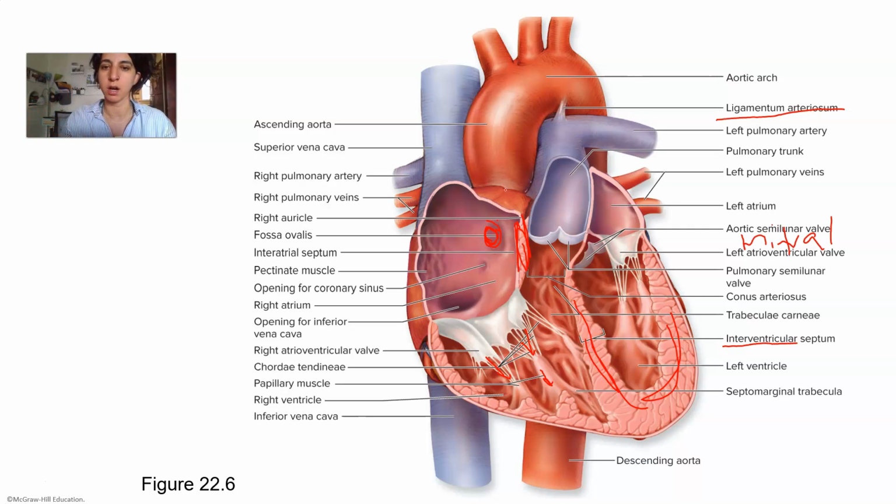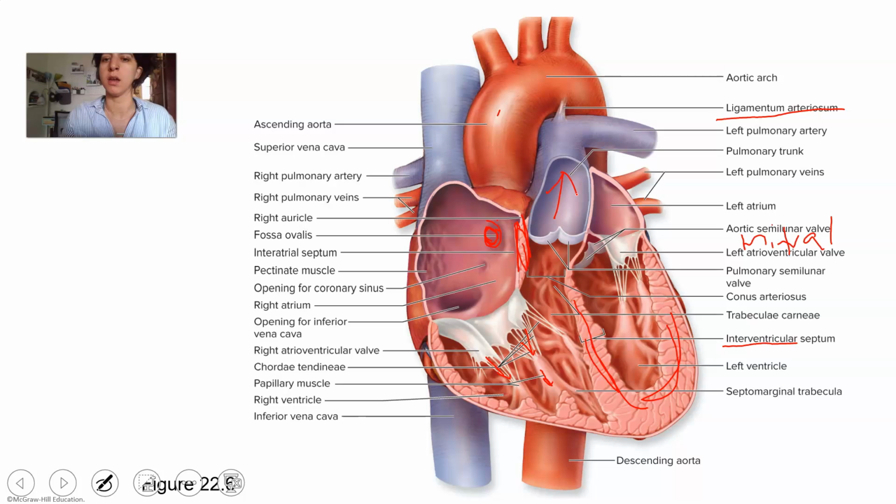On the left side of the heart, we are leaving the left ventricle through the aorta. And then on the right side of the heart, we are leaving the ventricle through the pulmonary arteries, right? Pulmonary arteries carrying deoxygenated blood away from the heart. So in order to prevent backflow, we have these semilunar valves.